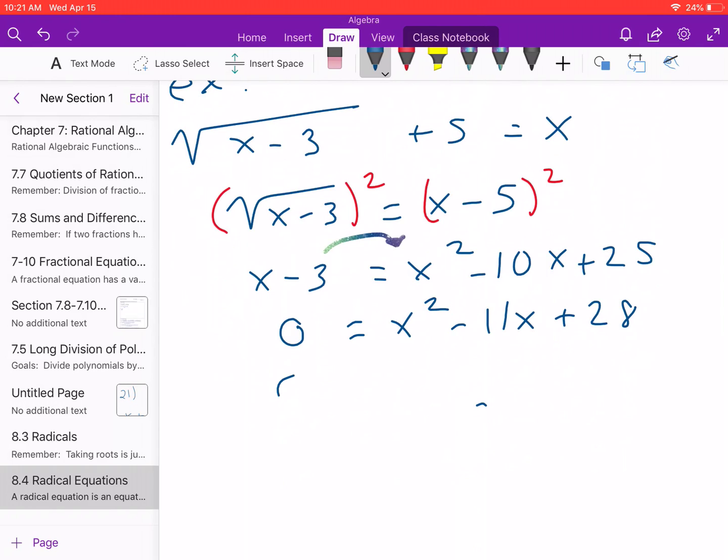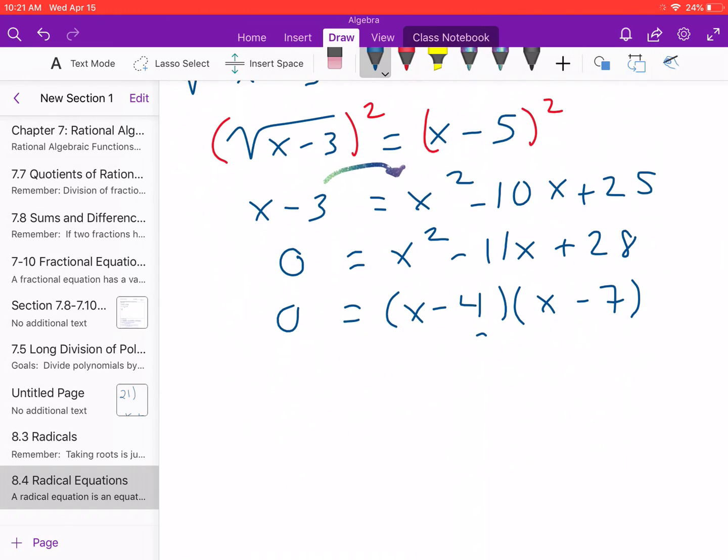I'm going to factor, and I will have 0 equals x minus 4 times x minus 7. And we're going to use the zero product theorem that we have used a couple of times this year to find our solutions. So x minus 4 equals 0, and x minus 7 equals 0. X equals 4, x equals 7.